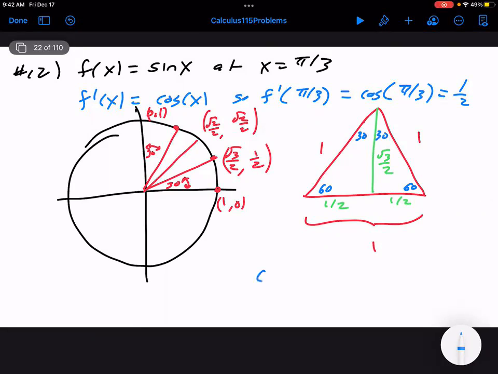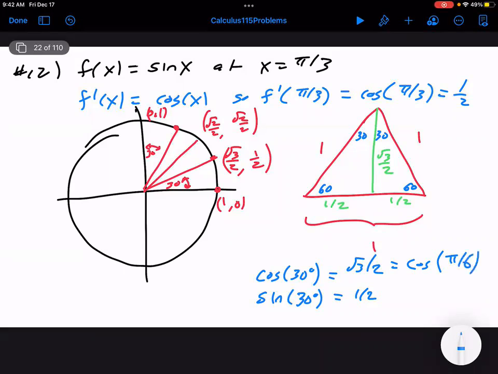So this gives us the cosine of 30 degrees is going to be root 3 over 2, and the sine of 30 degrees is going to be 1/2. And of course, this is the same as the cosine of pi over 6, and this would be the same as the sine of pi over 6. And then 60 degrees would just be twice that.